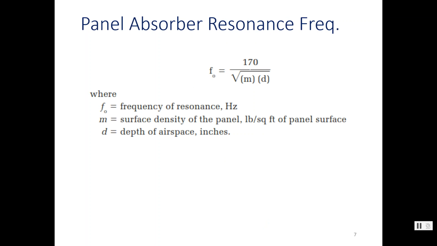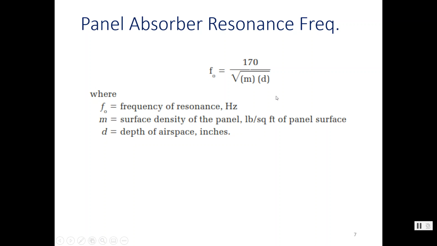This is the equation to determine the resonance frequency of that panel. This is in your reading assignment. So that resonance frequency is equal to 170 divided by the square root of the surface density times D. Note, this isn't the mass, but it's the surface density.